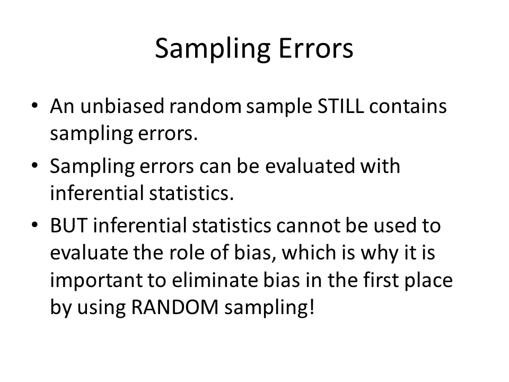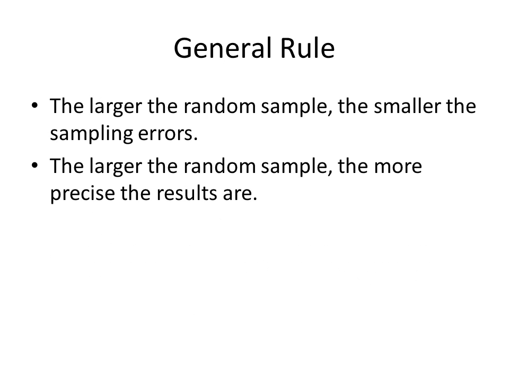Sometimes by luck of the draw, we may actually... Now, as a general rule, we can say the larger the random sample, the smaller the sampling error. What we mean by that is that the larger the random sample is, the more precise the results are.